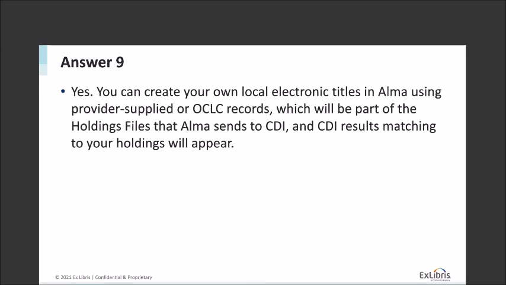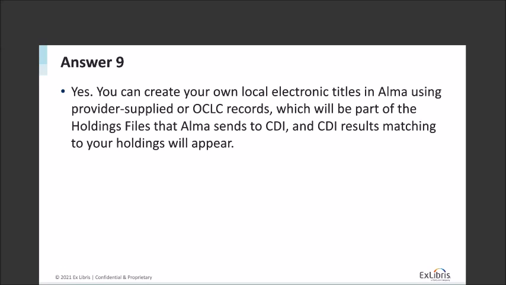ALMA is sending holdings files to CDI on a daily basis, and these holdings files are actually all the electronic titles or the electronic holdings that the institution is declaring, by the activation, that they have access to. And this holdings file is going to CDI, and all the rights calculation process in CDI is done on these holdings files.